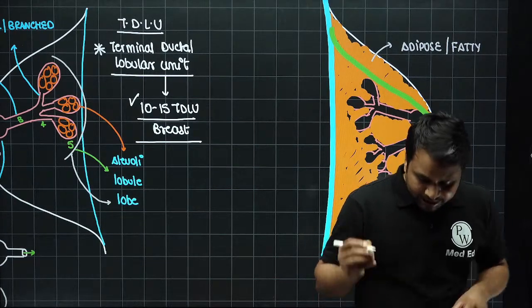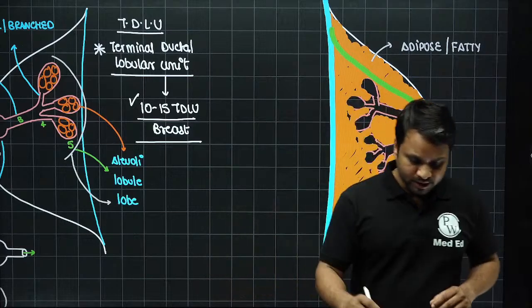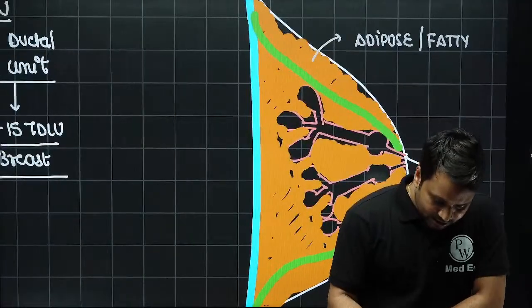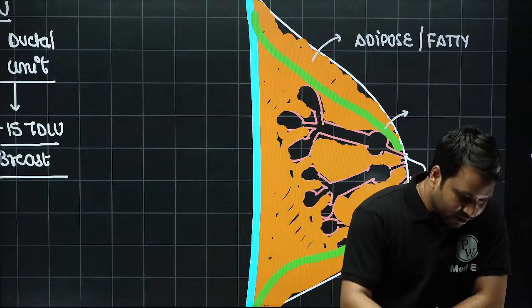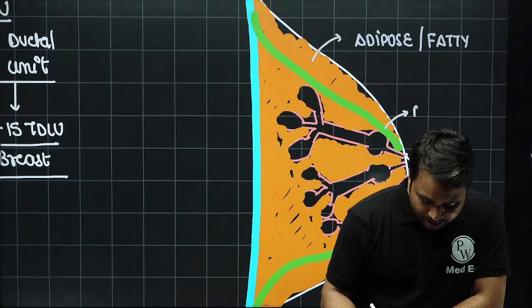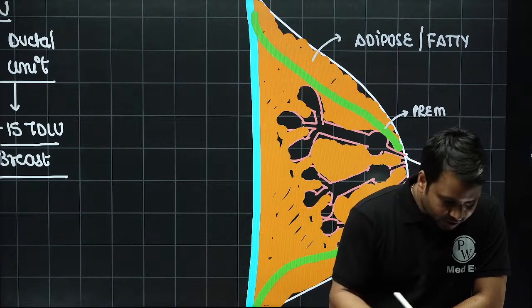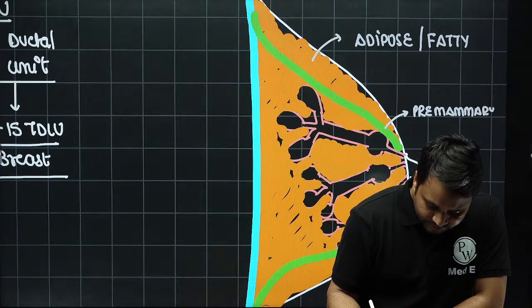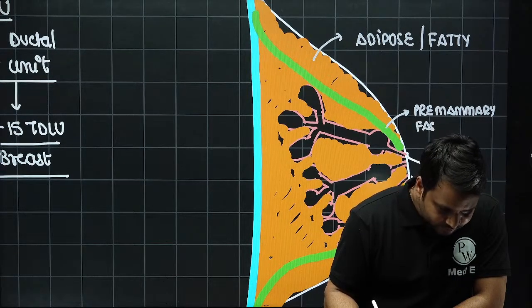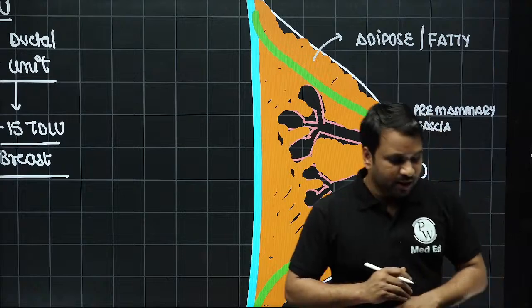It actually encases the glandular component completely. Now, this which is going to encase it, you can see here, this green structure that we have drawn, is what we call the pre-mammary fascia.